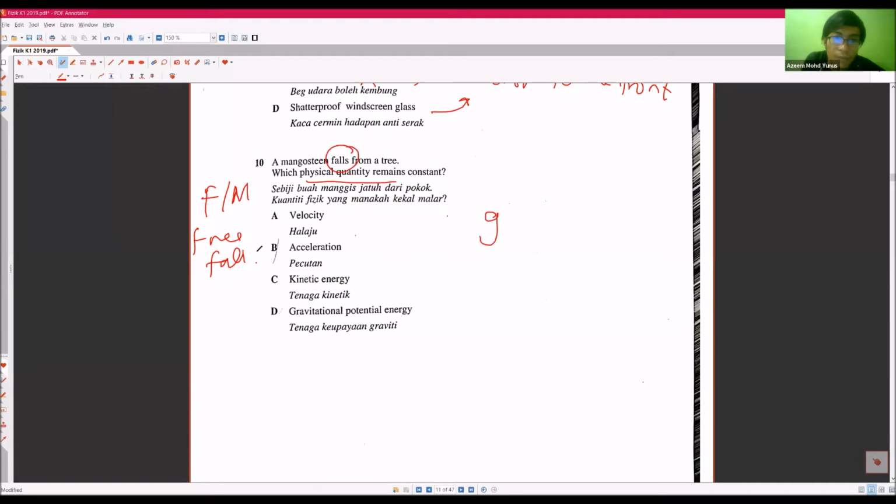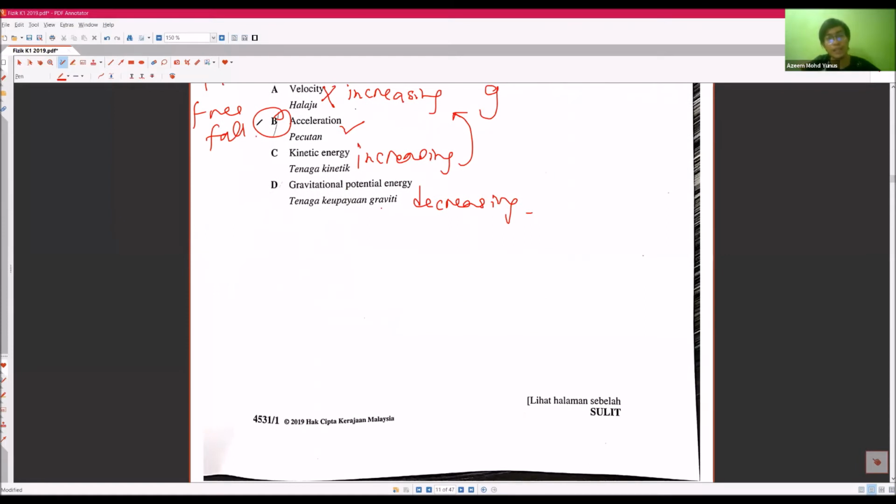So not velocity, velocity is increasing. Acceleration is constant, kinetic energy is increasing because velocity is increasing, gravitational potential energy is decreasing. So B. Because the GPE is decreasing due to the height decreasing as well.